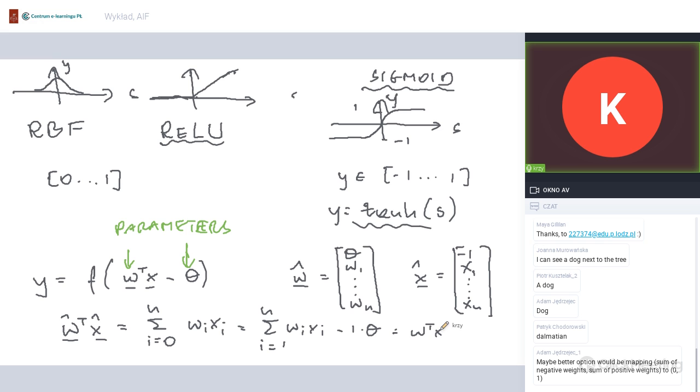So this was my original value of a state.